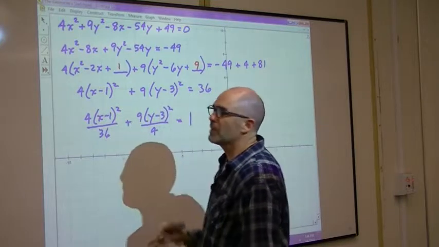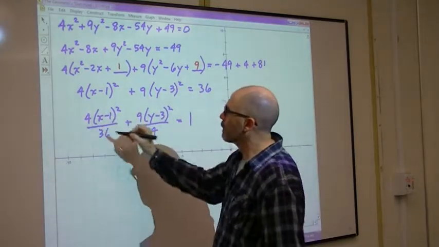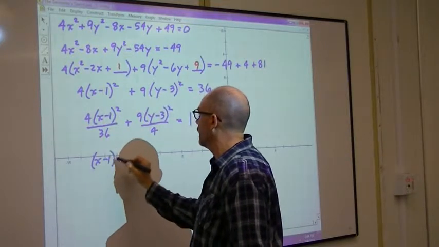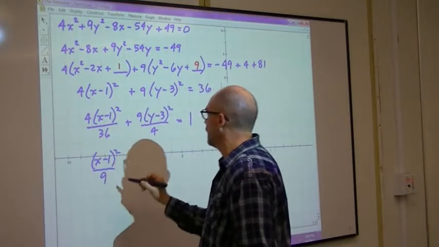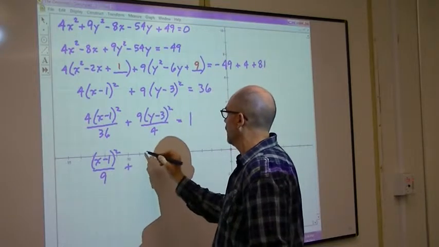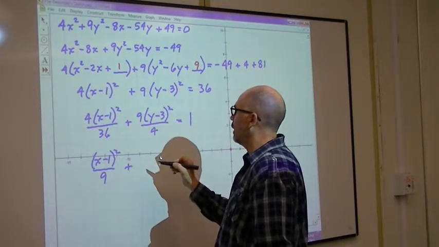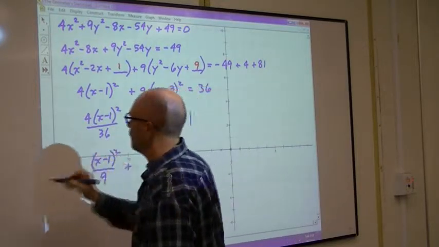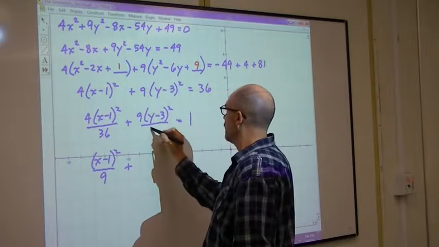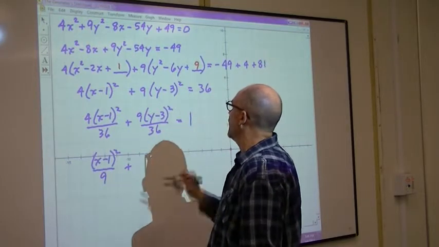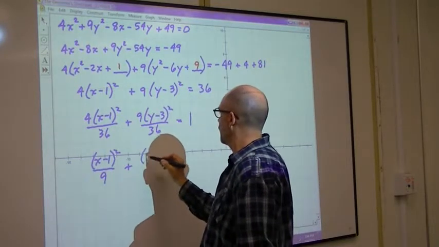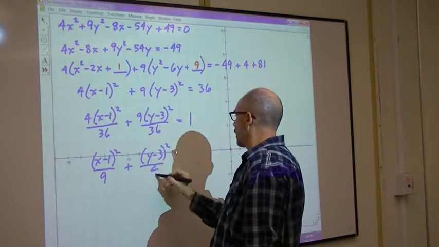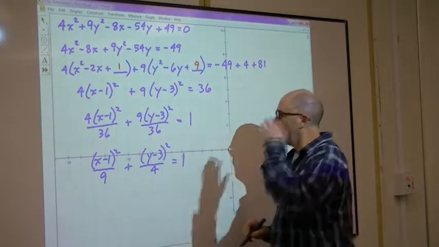Now, if we just simplify this, 4 over 36 is 1/9. So I've got (x minus 1) squared over 9 plus, now 9 over 36 is 1/4. So (y minus 3) squared over 4 equals 1.